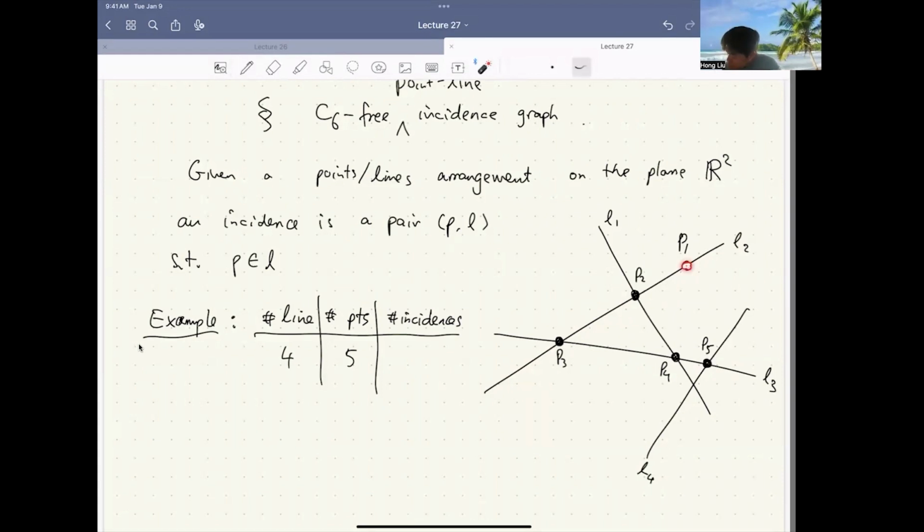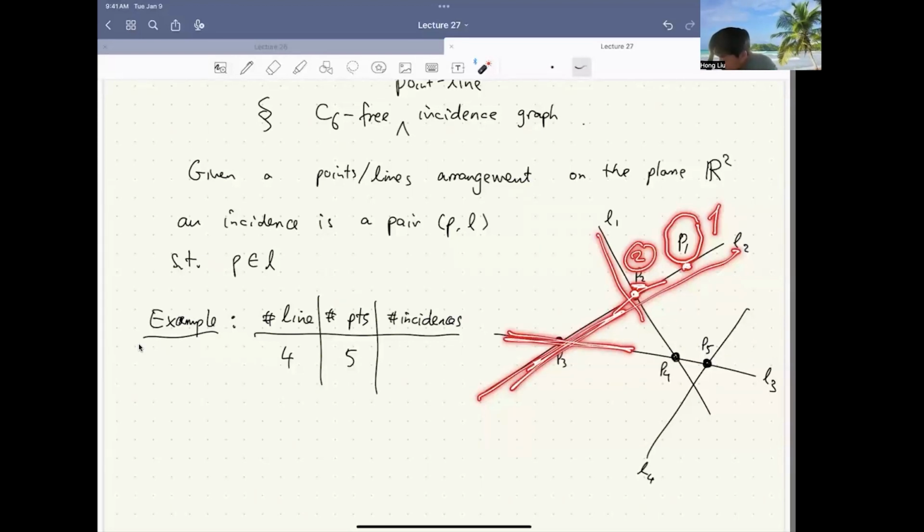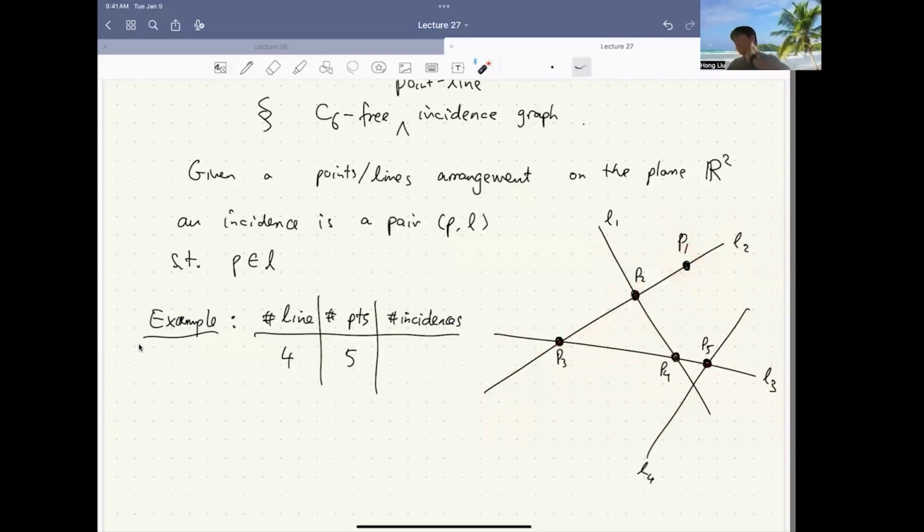P1 and L2, so 1. P2 lies on L1 and L2, so 2 incidences for P2. P3 lies on L2 and L3, so also 2. P4 has 2, P5 has 2. So everything is 2, 2, 2, 2, and this one is 1. We have 9 incidences.